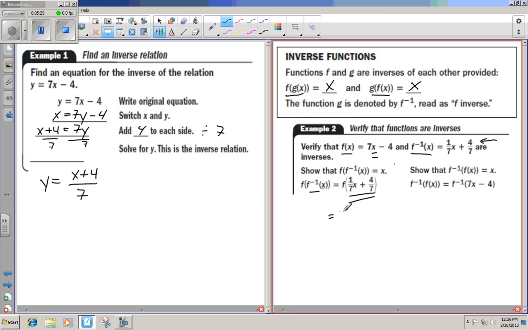So let's do that. 7 times, x is now being replaced with 1/7 x plus 4/7. Now let's distribute the 1/7 in. 7 times 1/7 is 1. 7 times 4/7 is plus 4.